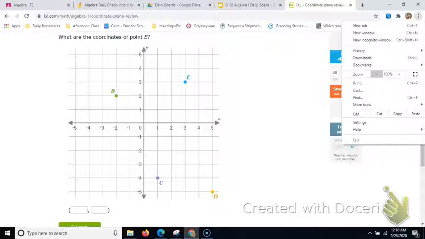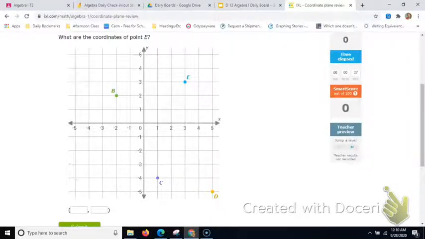I'm sure you noticed that you have several new IXL lessons today. The first one that I want you to work on is G1, and G1 is what we just talked about, the coordinate plane. So, for instance, this question asks, what are the coordinates of point E?